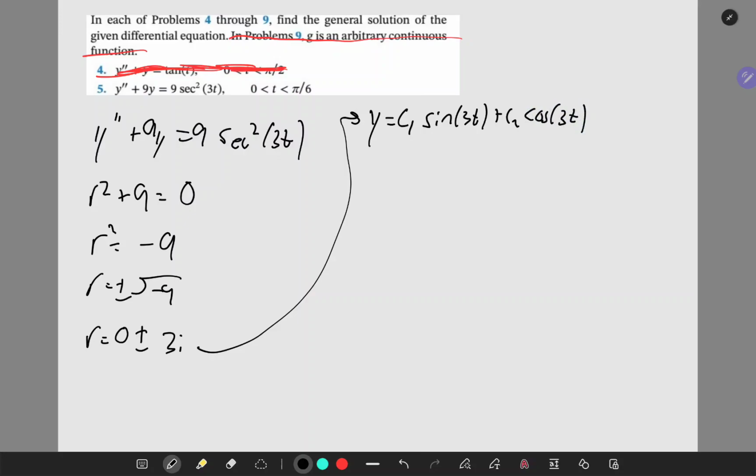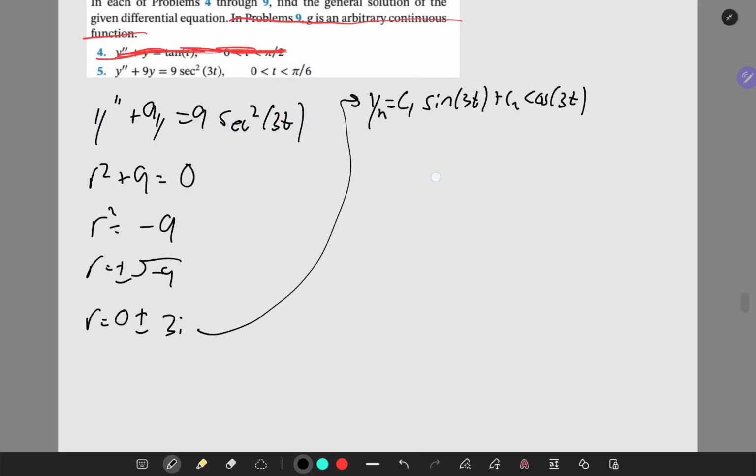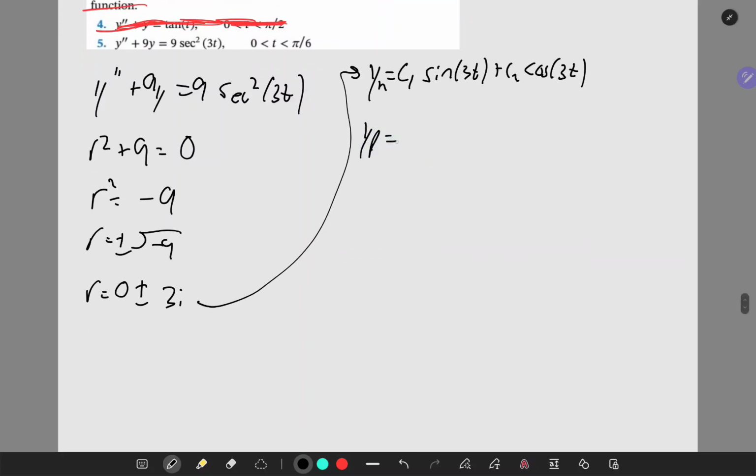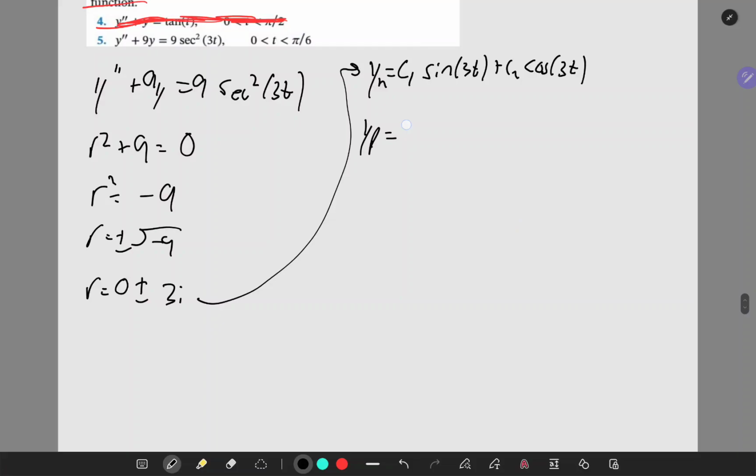If you're confused with this, go back to my complex roots video and watch that. Now we propose our y sub p. This is our y sub h, right? So now we're going to propose our y sub p, which would be u1 sine 3t plus u2 cosine 3t.